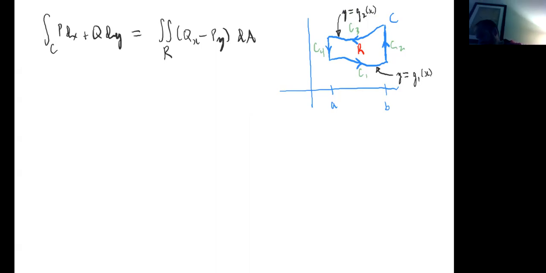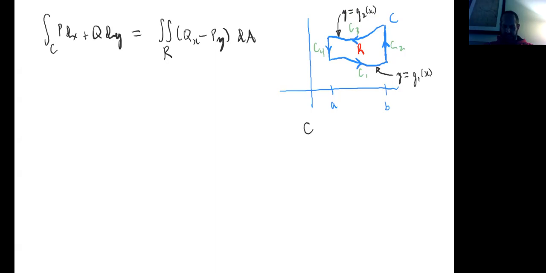Interesting. To show this, we're going to think about all of these separate curves. In some sense, what is C equal to?